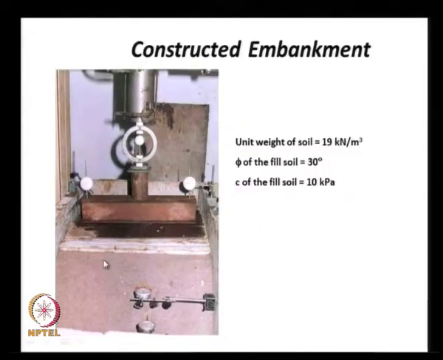This is the embankment slope, and this is the top surface, and the embankment was constructed using a clayey sand, so it has some cohesion of 10 kPa, and the friction angle of the fill soil was 30 degrees, and the unit weight was approximately 19 kilonewtons per meter cubed.